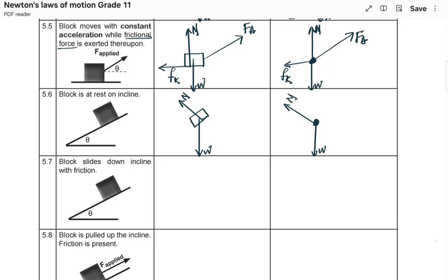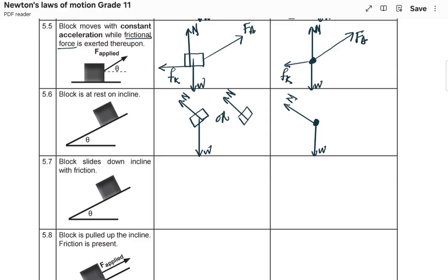Okay, so block, then we also have, remember, for the calculations now, there is also the one of the components. So I'll be having this normal.